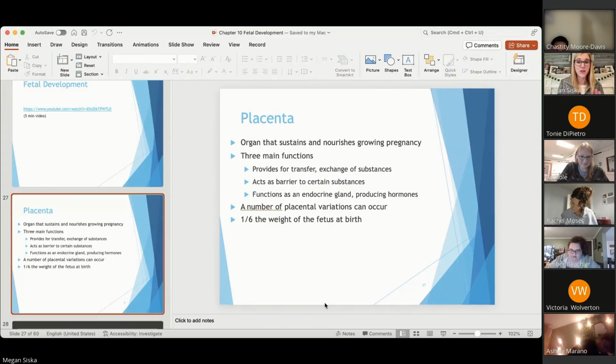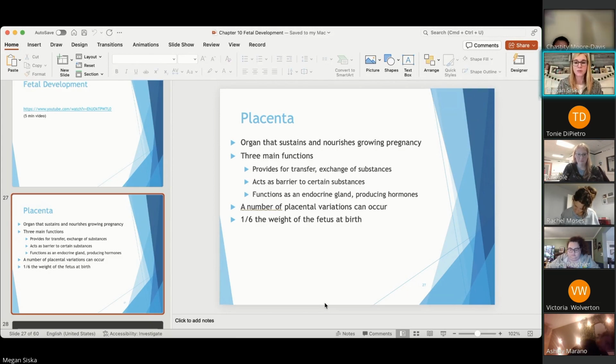Okay, so some functions of a placenta. The big thing is it provides and transfers nutrients from mom to baby. It will transfer all of the necessary nutrients that the baby needs to grow from mom to the placenta to the baby. And any waste products that the baby has filter through the placenta back to mom to take care of.